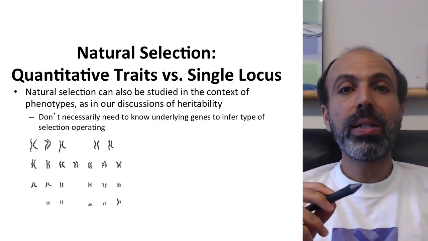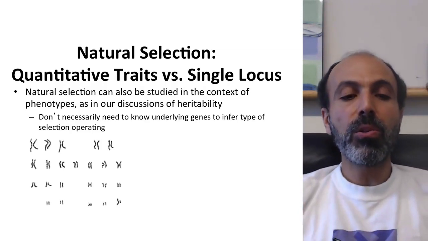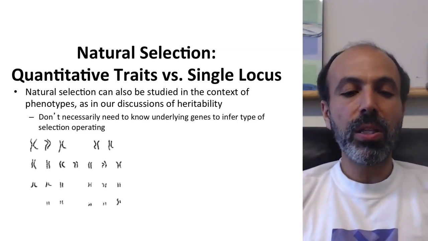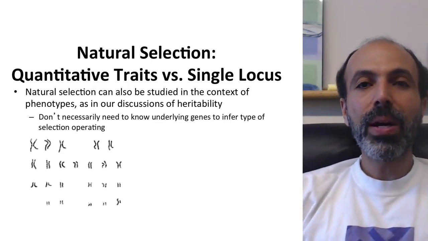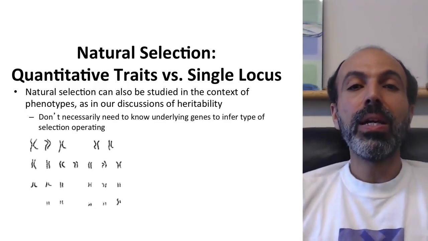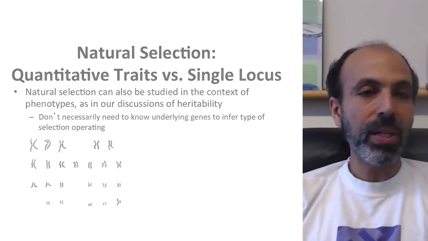When we talked about heritability previously, we were thinking of it in terms of these quantitative traits. And you don't necessarily need to know the underlying genes to infer what kind of selection is operating. So let's talk about the types of selection that can be inferred when you're looking at phenotypes and changes in phenotypes over time, or changes in traits over time.